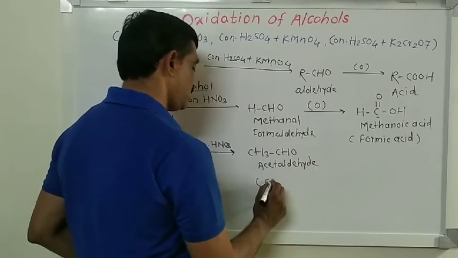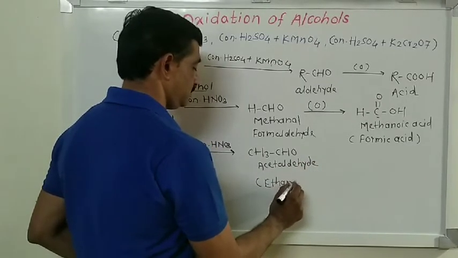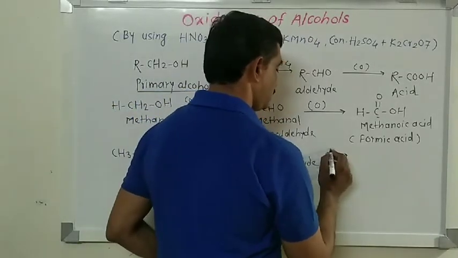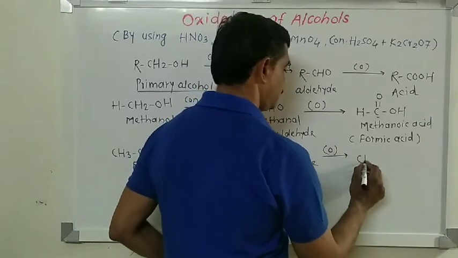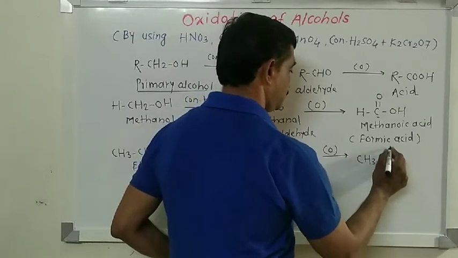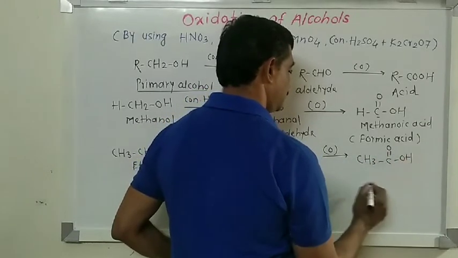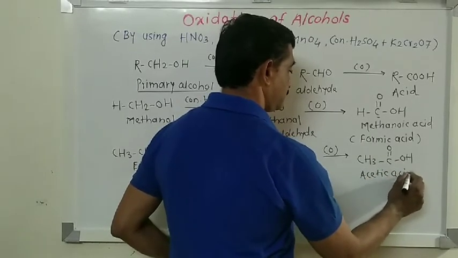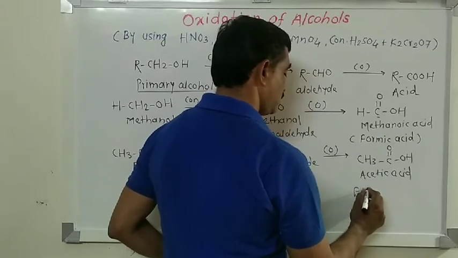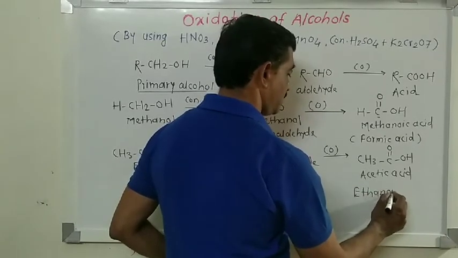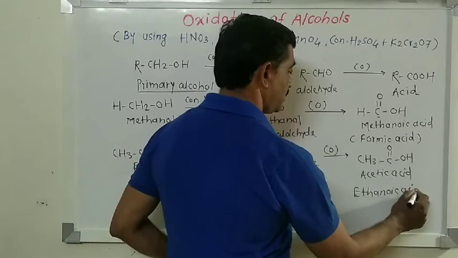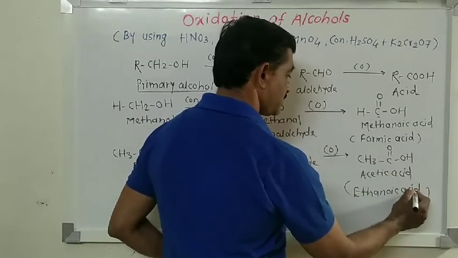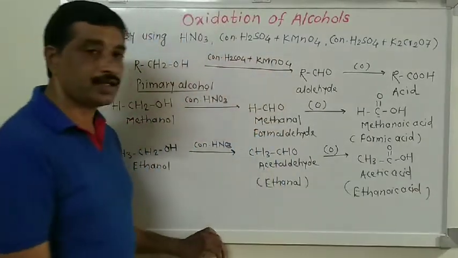It is also known as ethanal, and this compound undergoes oxidation to form acetic acid. It is known as acetic acid in the common name system, and in the IUPAC nomenclature system it is named ethanoic acid.